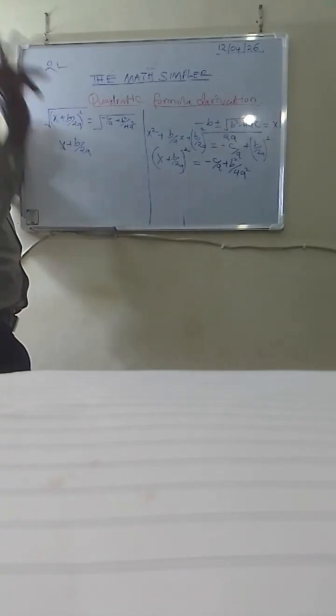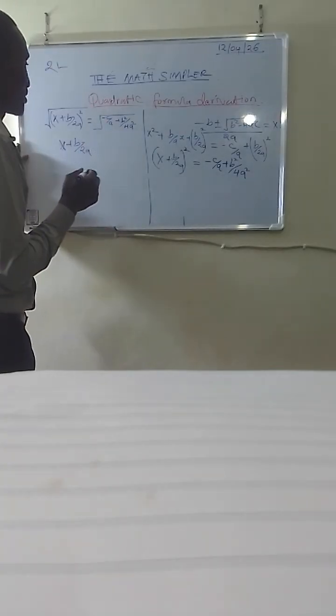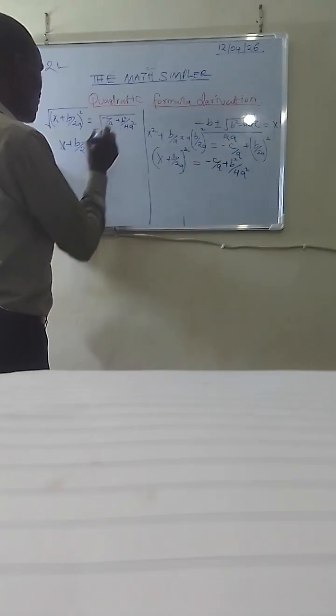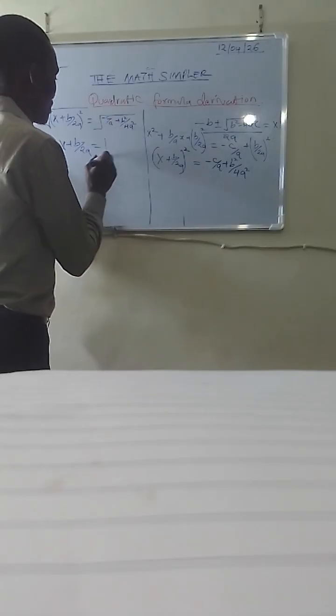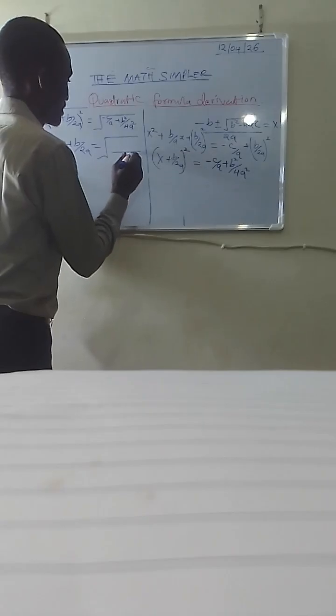Then this one, we should put it under one denominator, which shall be equal to the square root of everything over 4a squared.